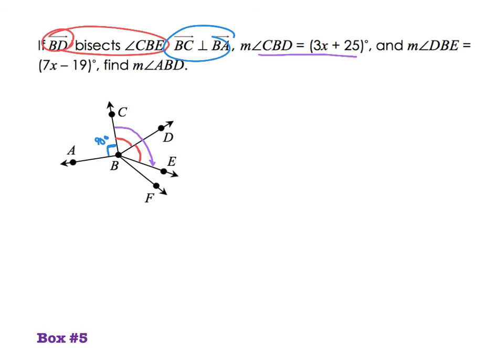And it says measurement of angle DBE, this one, and I'm underlining it in yellow. That one is equal to 7x minus 19. They want us to find ABD.